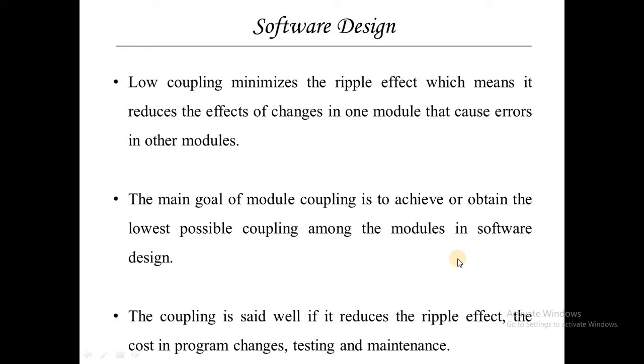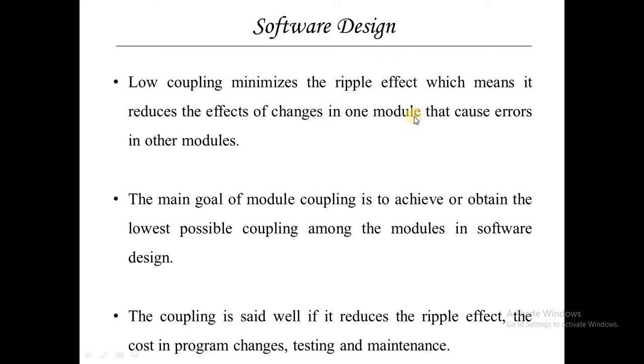Coupling is said to be good if it reduces the ripple effect and the cost in program changes, testing, and maintenance. These are the merits of low coupling. Low coupling minimizes the ripple effect.